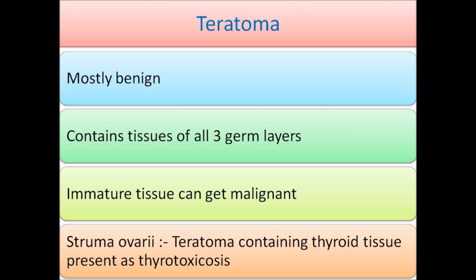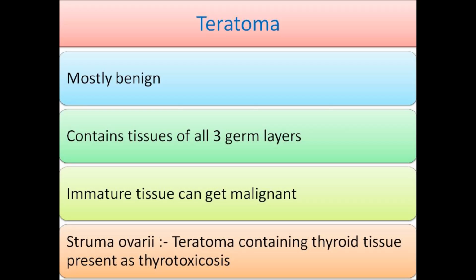First of all, teratomas are mostly benign, and as I said, they contain tissues derived from all three germ layers that make up the embryo. So we can see here skin, hair, thyroid tissue, bone, muscle, nerves. Any type of tissue can be present in a teratoma. And teratomas are usually cystic. That is why it is called a cystic teratoma of the ovary.